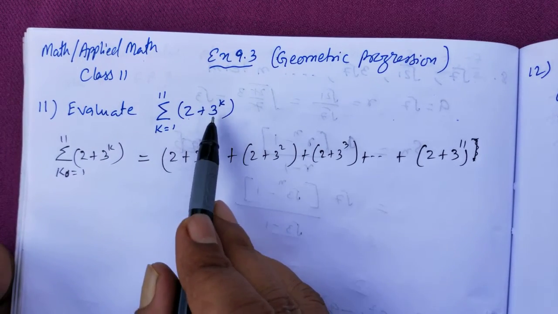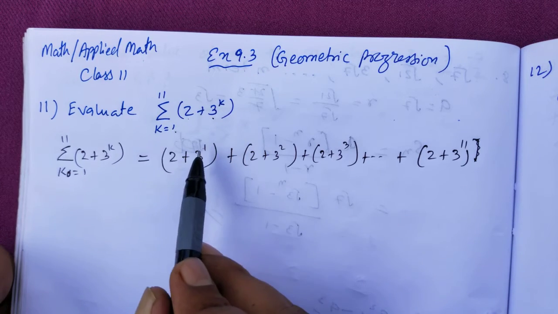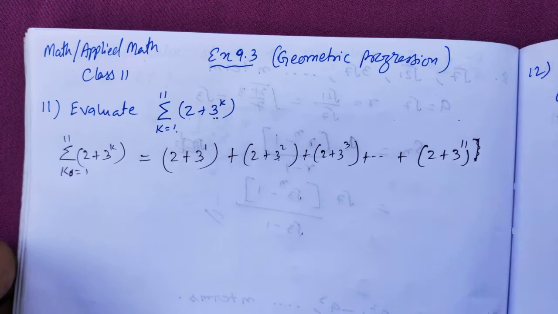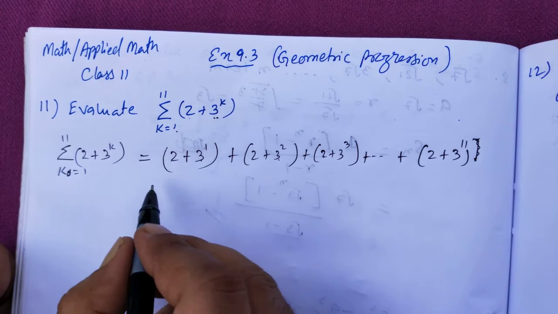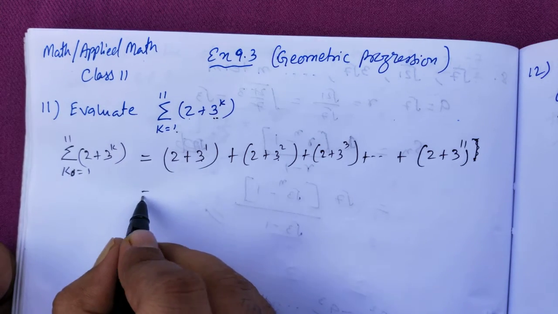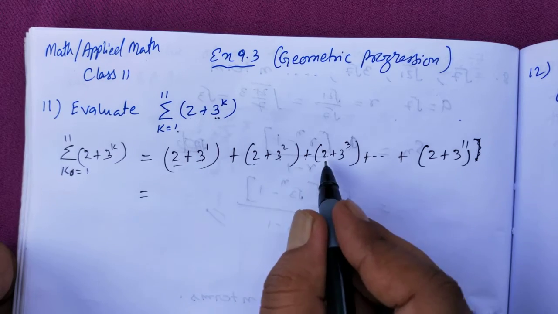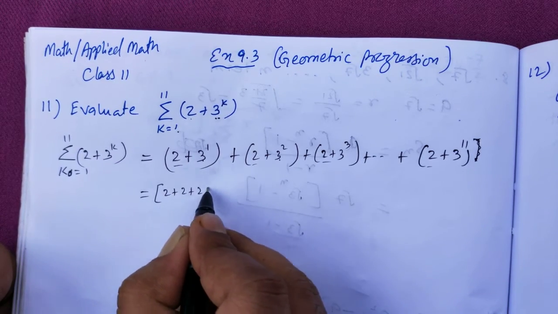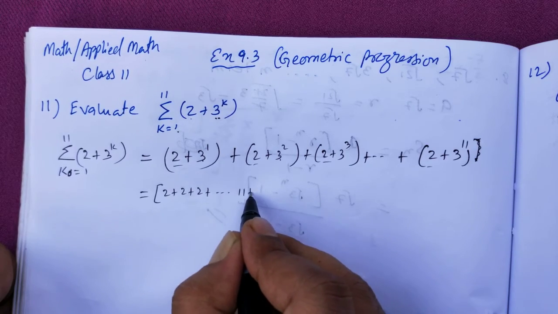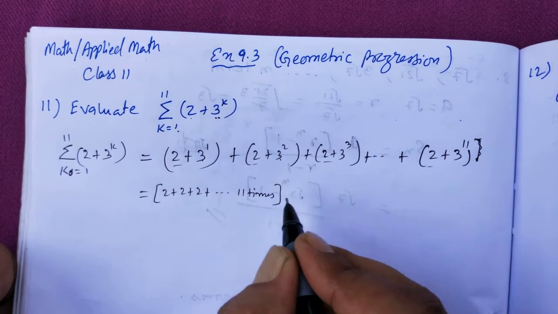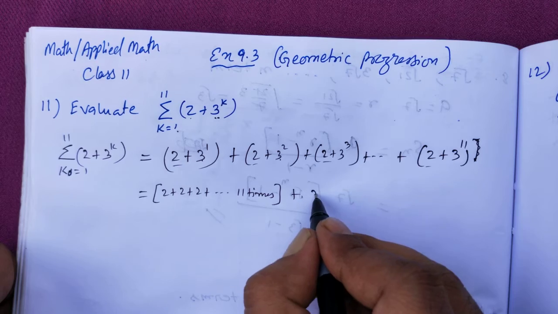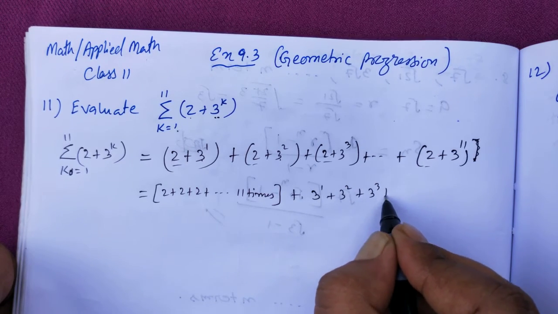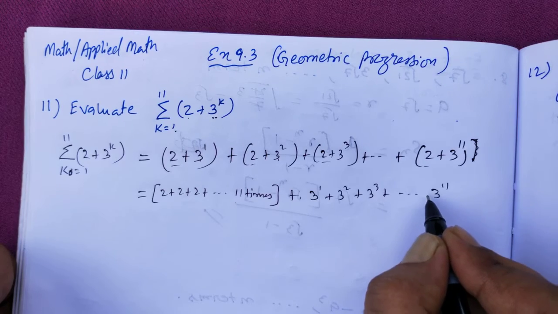Since it's 2 plus 3 power k and k is from 1 to 11, so in place of this part only we're writing 1, 2, 3 till 11 and rest is same. So if you see nicely, everywhere 2 is there, we can write 2 plus 2 plus 2 plus till 11 times, and this one will be 3 power 1 plus 3 square plus 3 cube plus till 3 power 11.